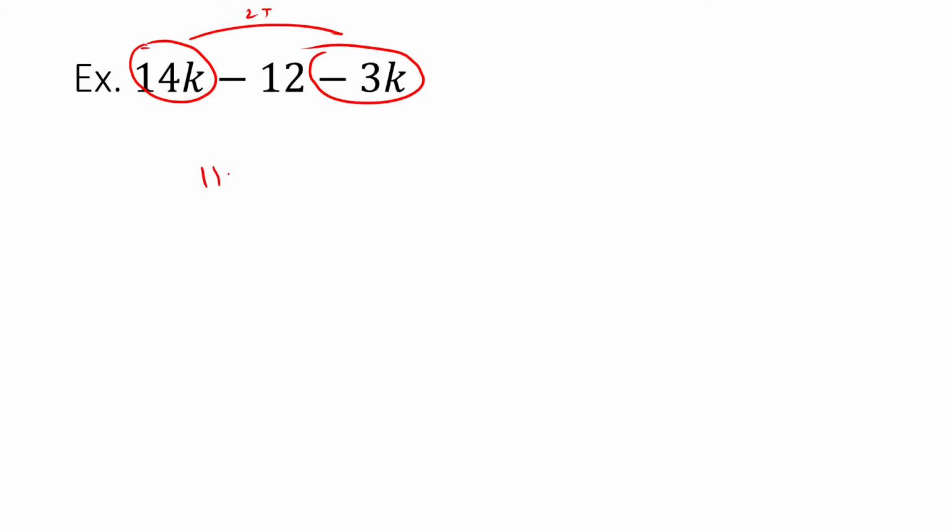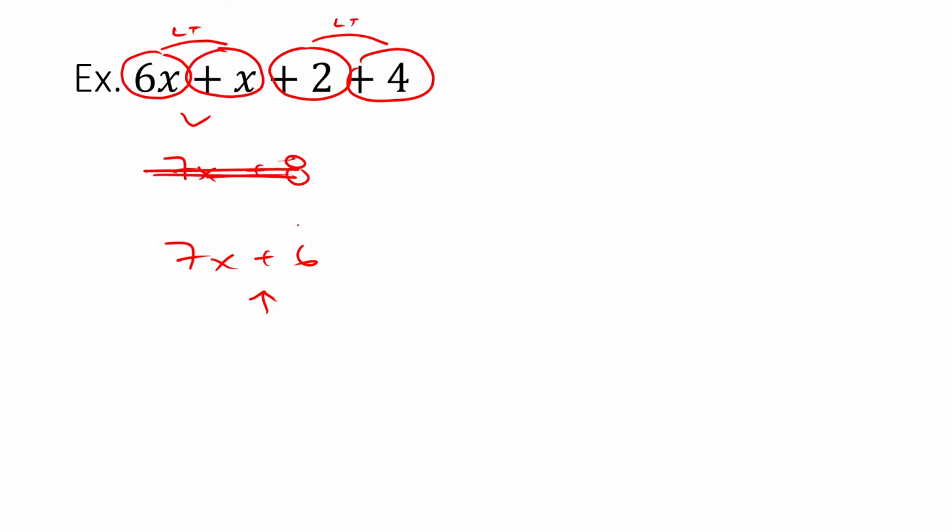And what is our variable part? It's k. Now since minus 12 we didn't touch it, we just bring it down. So we have 11k minus 12. If you don't touch it, you just bring it down. But if you touch all of it, you're left without a sign, right? The sign you're going to use between the terms will be addition.